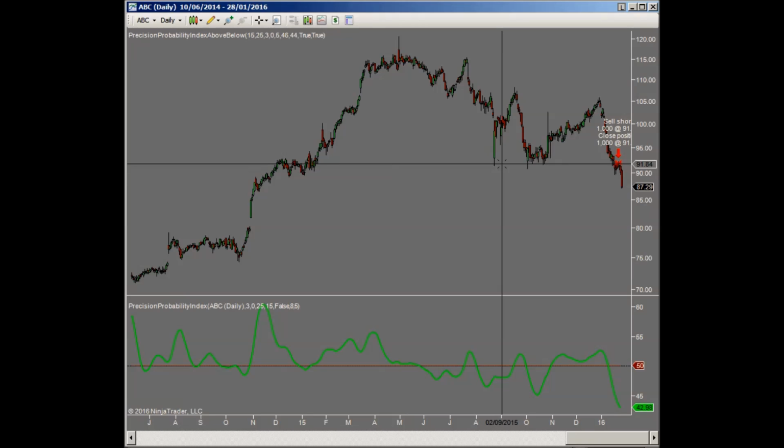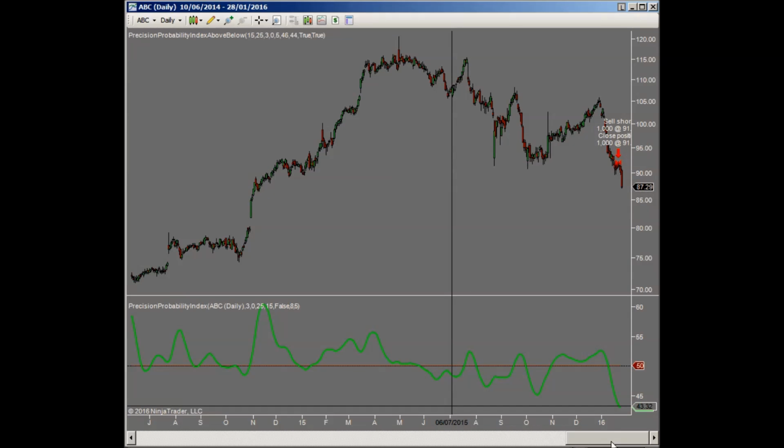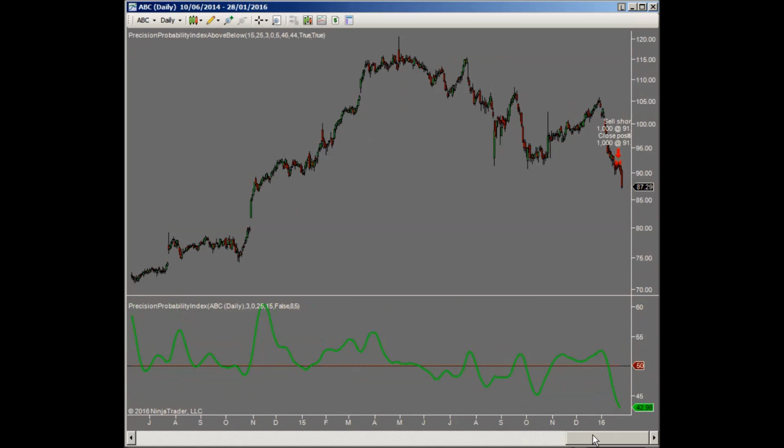This is to demonstrate the flexibility of the system. But if you look at the bigger picture, it was long at 68.12 and it got out at 91, which is a big winner.